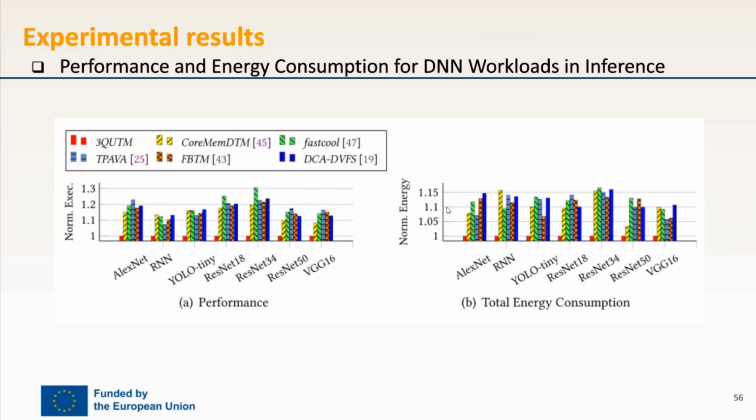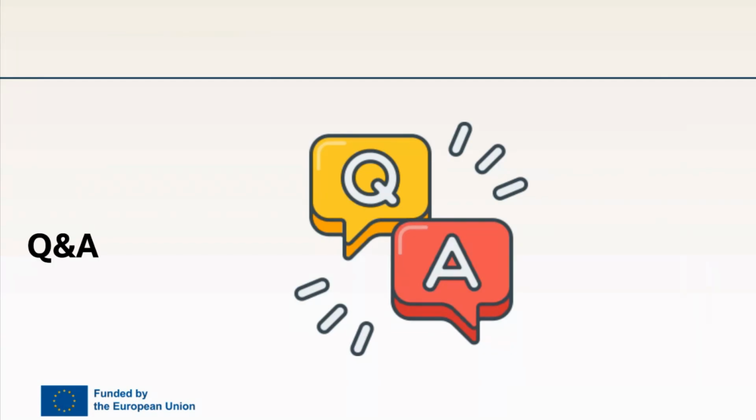We also verify our approach not only on classical benchmarks like PARSEC and SPLASH-2, but also on deep neural networks like AlexNet and ResNet, and it works very well, not only for performance but also for energy consumption. So let's draw the conclusion.